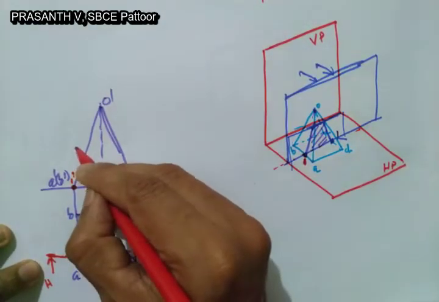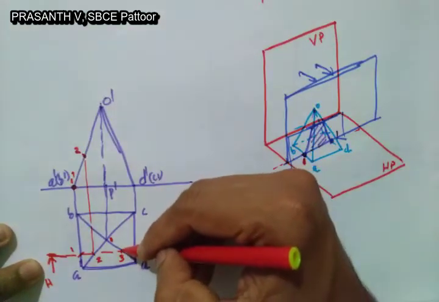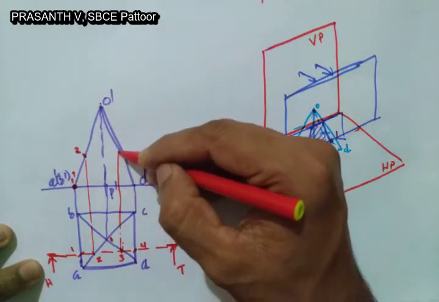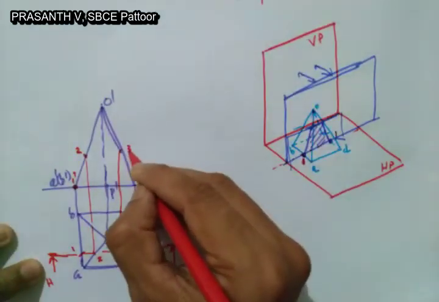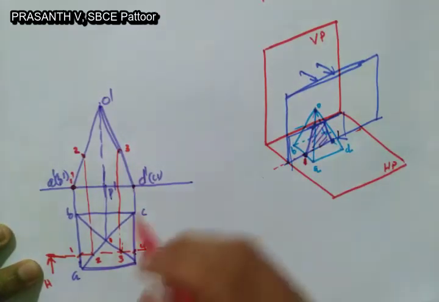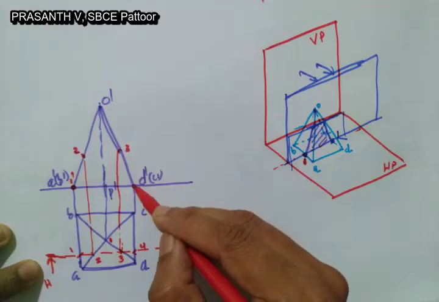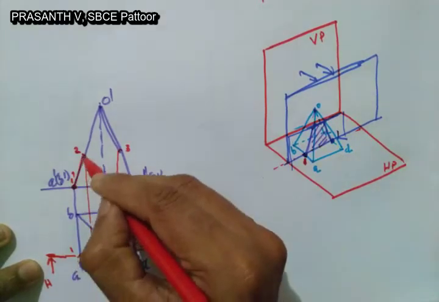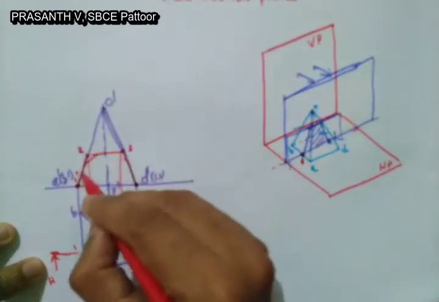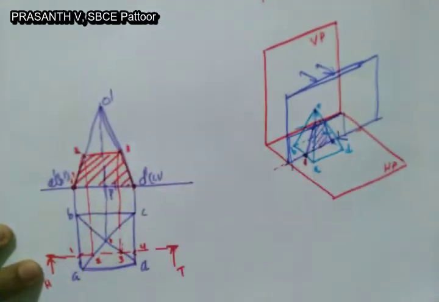So here this is point 2. Similarly, for 3 also you can project here. This point is 3, and 4 here. Cutting point 4 is on DC. Here is DC in front view. If you join all these points, you will get your section view like this.